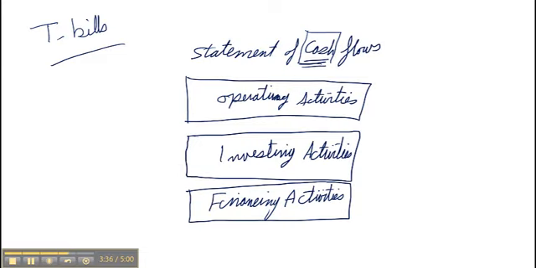Finally, we have the financing activities. Those are the activities that the owners or lenders are doing to finance the company or to get the reward from the company. If owners raise capital, it will fall into financing activities. If the company gets a loan from a bank, it will be in the financing activity.